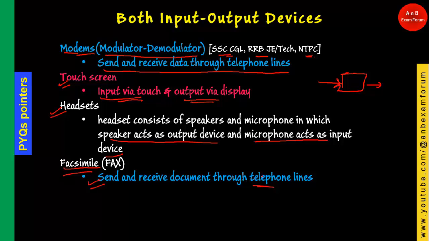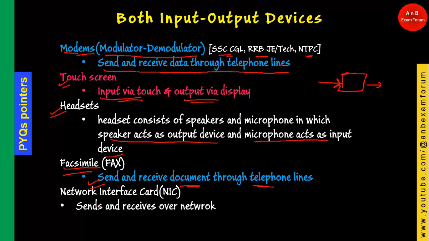It is similar to modem, but modem is used to send or receive data, whereas fax is used to send or receive documents. In administrative offices, this fax machine is very popularly used because it is used to send or receive documents, obviously through telephone lines. And the last and a very important one is NIC, that is network interface card, which is used to send data over the network. It is again an input and output device.